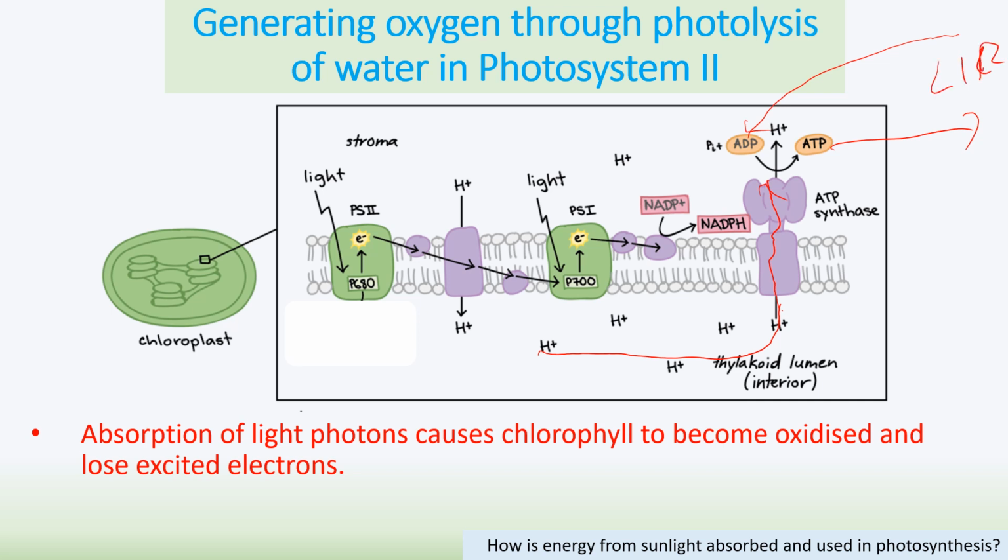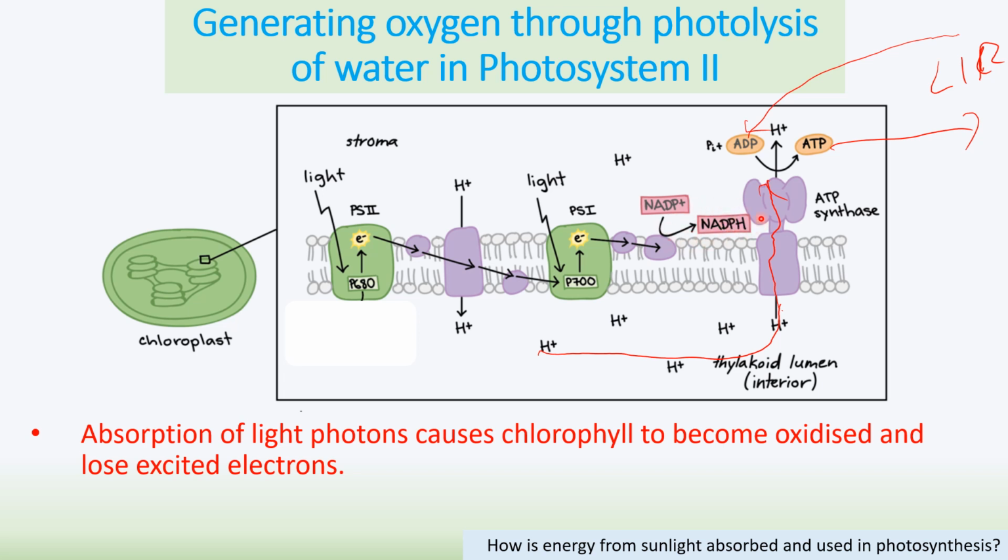Okay, if we continue with the electron story, the electrons moved down here to the second photosystem, and the electrons got more sunlight absorbed in, get excited again, and they then move through another series of electron carriers or cytochromes, and they are then passed on to something called NADP, which is oxidized, reducing the NADP, making it reduced.